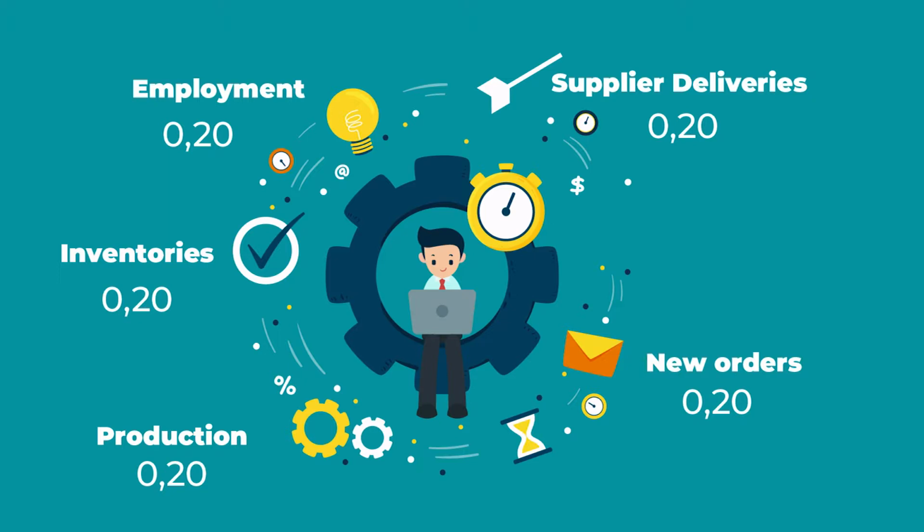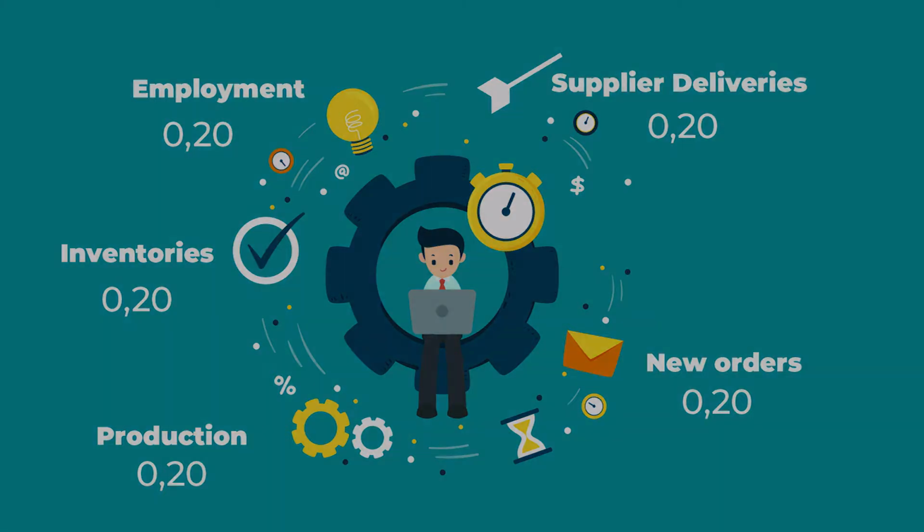The indices are then calculated by taking the percentage of respondents that reported an increase and adding it to 1/2 of the percentage that reported no change. This results in an index for which a value of 50 indicates no change in the activity, a value above 50 indicates increased activity, and a value below 50 indicates decreased activity.